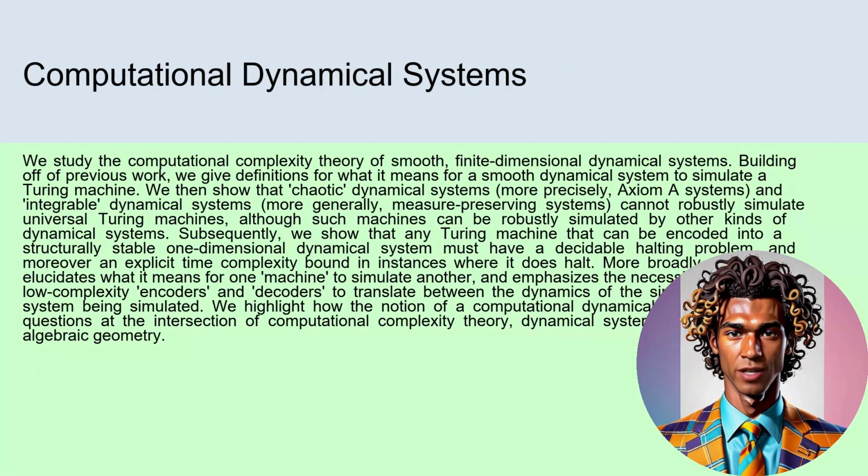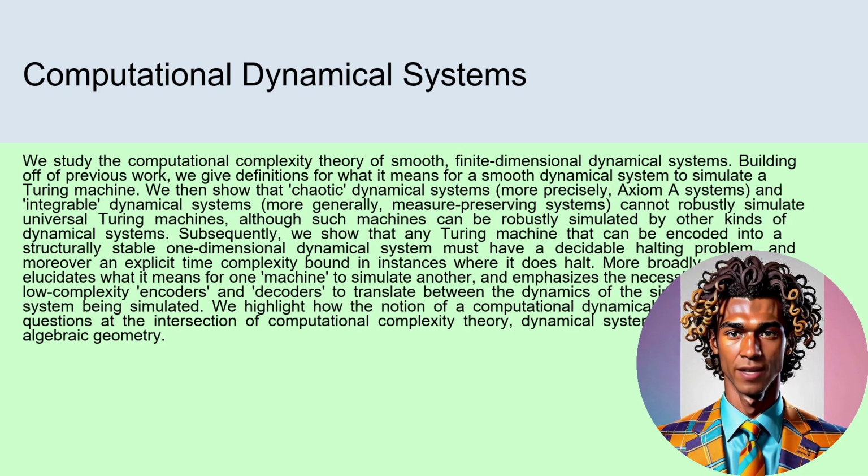In the research titled Computational Dynamical Systems, scientists explore the computational power of smooth, finite-dimensional dynamical systems. These are essentially systems that evolve over time according to smooth mathematical rules. They investigate whether these systems can simulate Turing machines, which are theoretical models of computation that can perform any possible calculation.